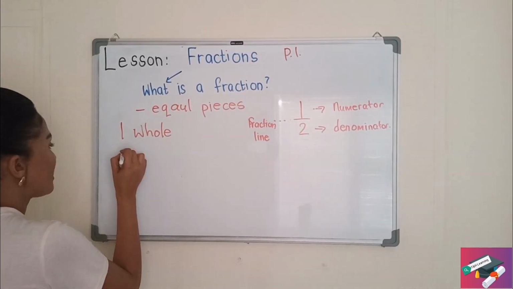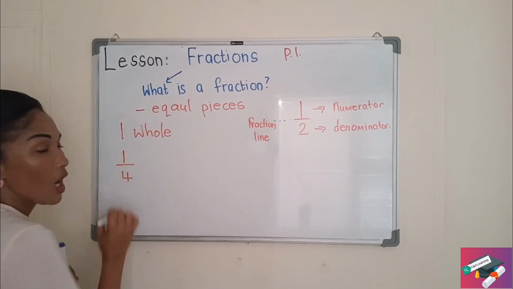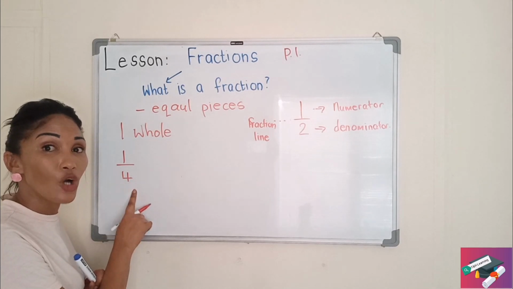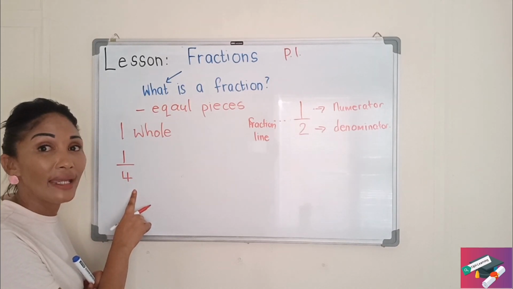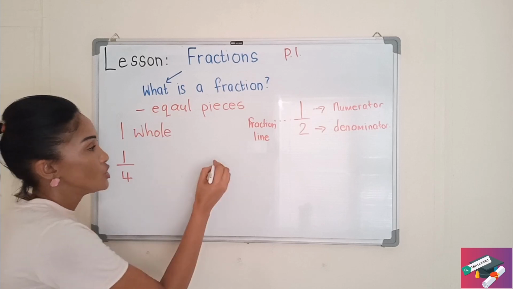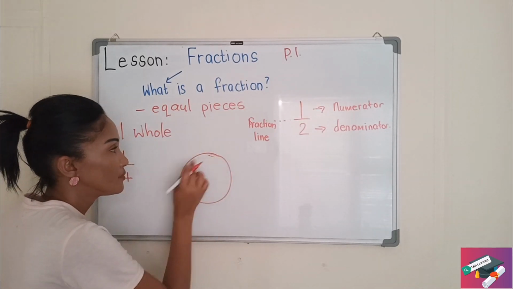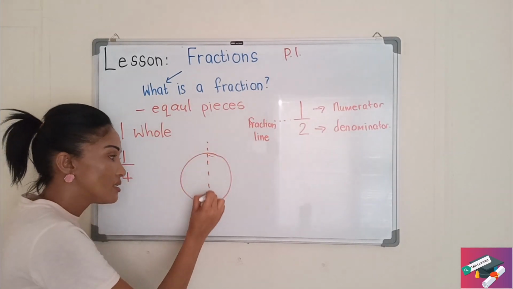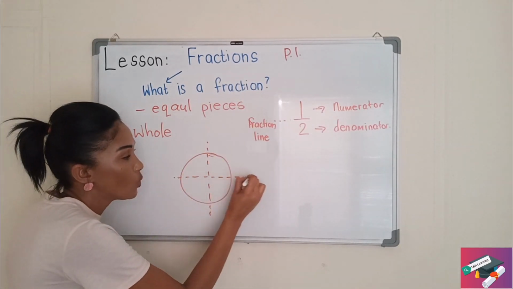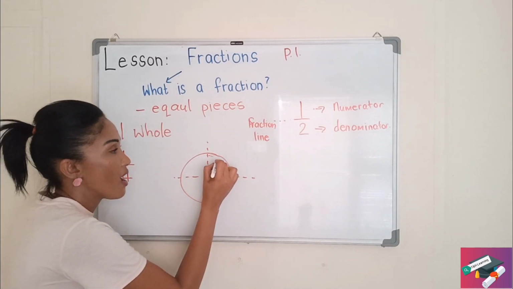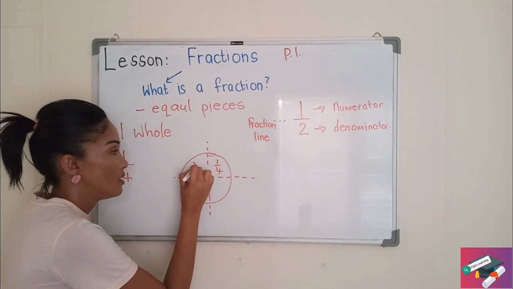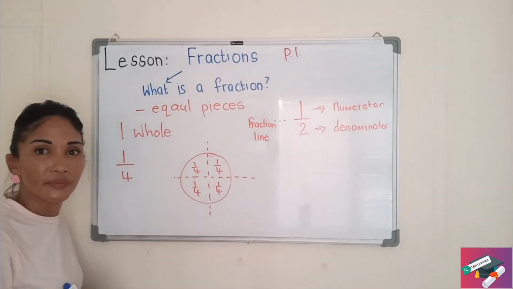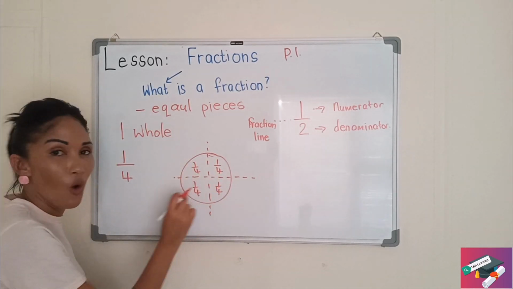Now the same if I say a quarter. We look at our denominator. My denominator is 4. So I need 4 pieces. So I will draw a circle and I need 4 pieces. So I will divide my circle into 4 equal pieces. I have a quarter there, here. So 1, 2, 3, 4.